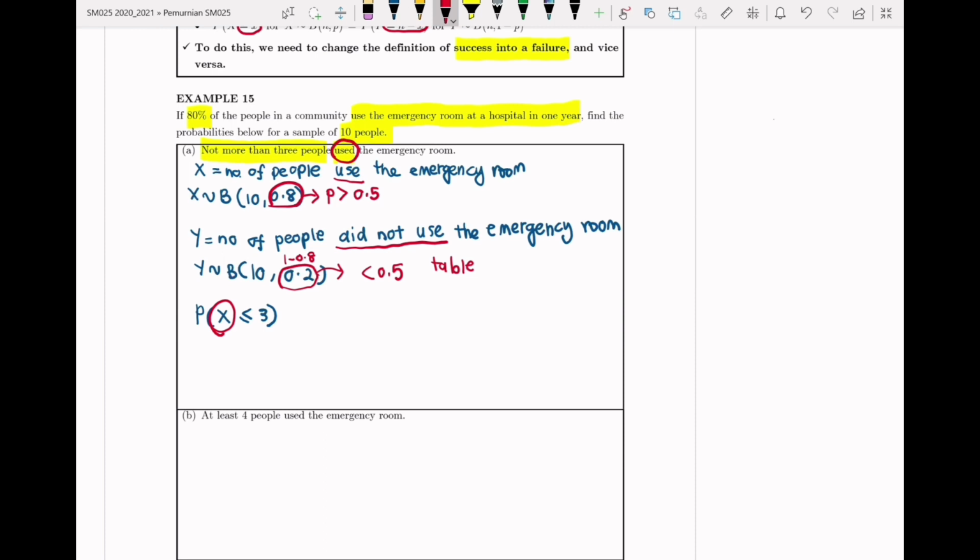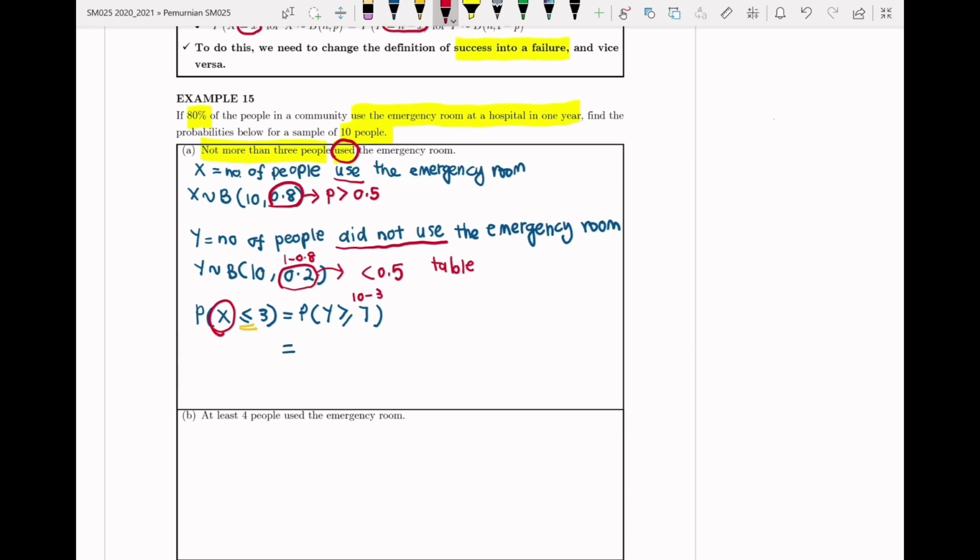So if the people use, we will use X. If you want to change it to Y, less than or equal will become greater or equal. Instead of 3, we will have n, which is 10, minus 3, which is 7. So P(Y ≥ 7).